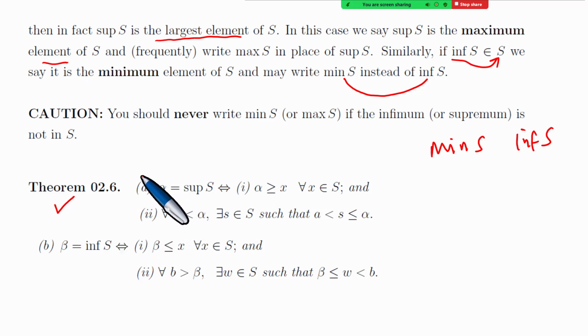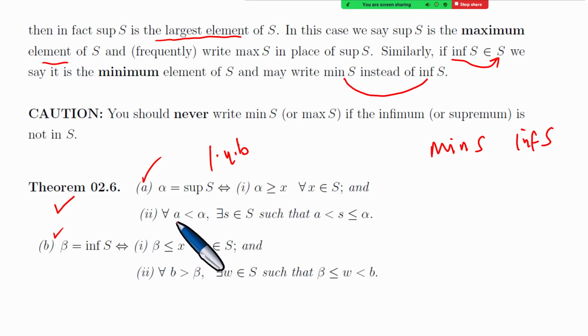This theorem has two parts, namely A and B. So alpha is the supremum of S if and only if it is the least upper bound, for all x in S. And this is true if and only if alpha is greater or equal to x for all the x's in S. So every x is smaller, so that you have an upper bound that is sort of the least upper bound. And this becomes the supremum.